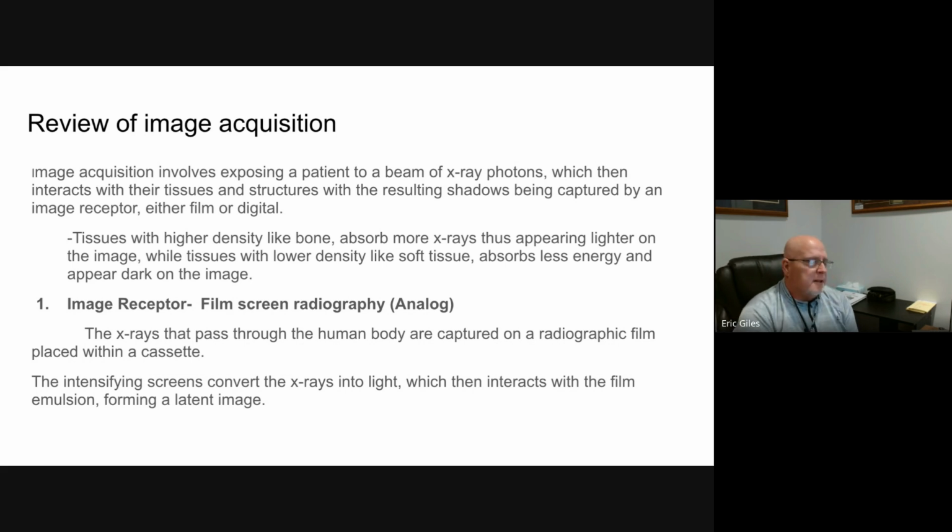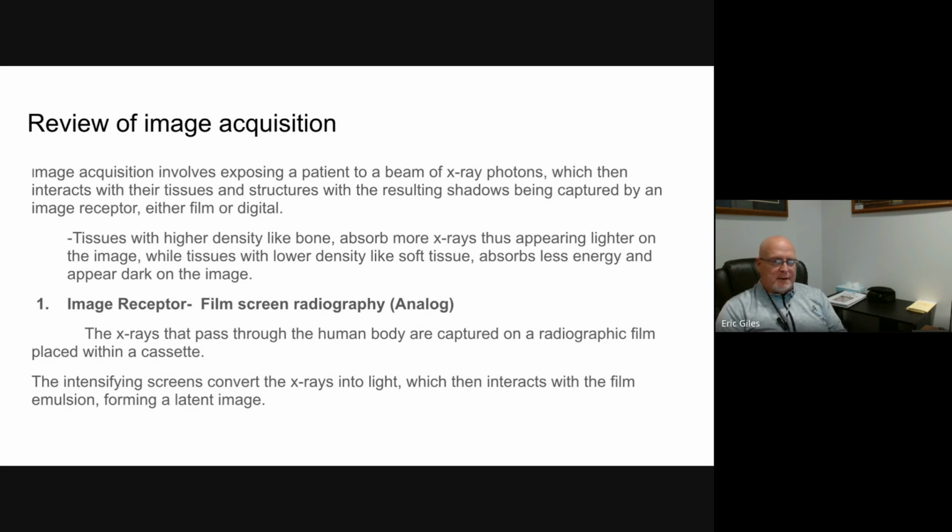First of all, we're going to review a little bit from last week. Last week we talked about image acquisition, and we all pretty much know what that is now. It's when the patient is exposed to a beam of X-ray photons, which then interacts with the tissues and structures inside of your body, which results in shadows on a digital image board or film, analog image emulsifying screens. You just have to know what that is.